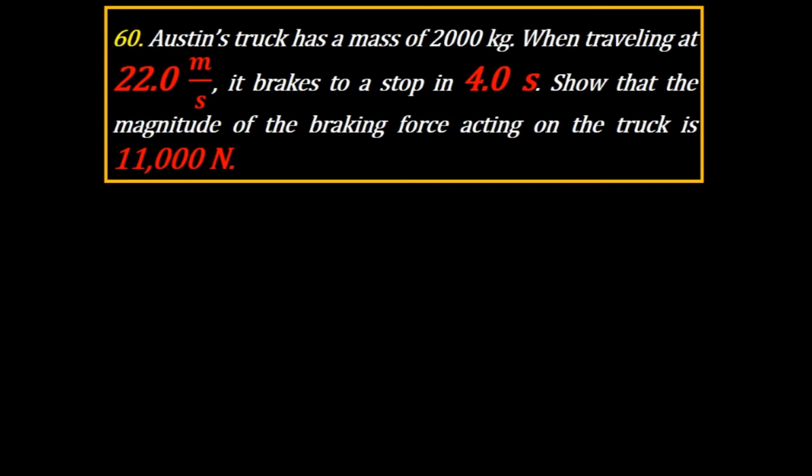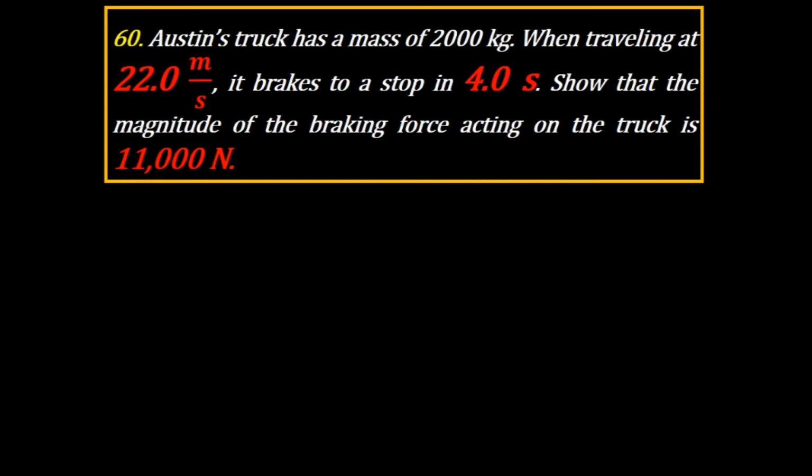Austin's truck has a mass of 2,000 kilograms. When traveling at 22 meters per second, it brakes to a stop in 4 seconds. Show that the magnitude of the braking force acting on the truck is 11,000 newtons. Well, it's going to go from 22 to 0, so 22 divided by 4 is going to be 5.5, I guess.